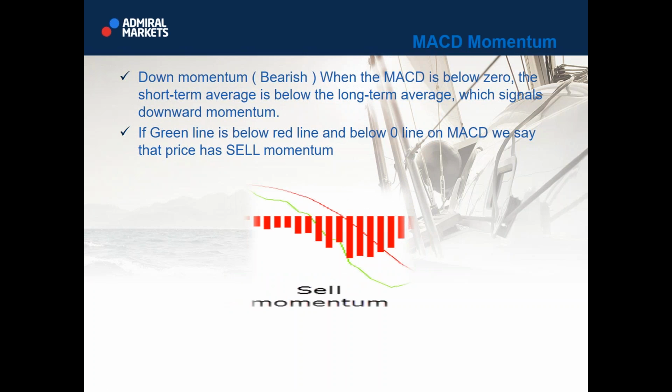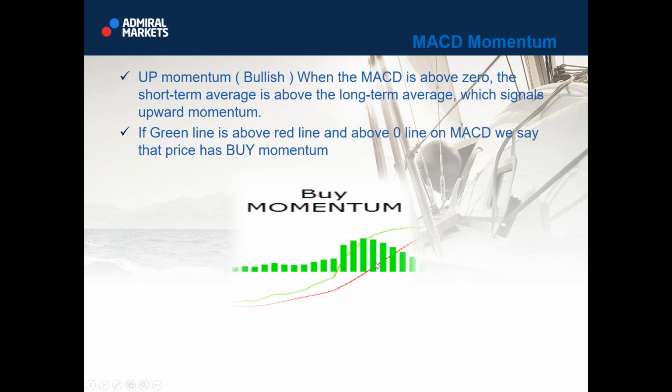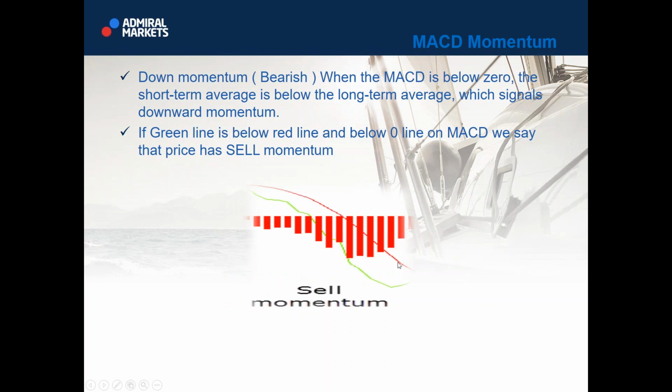In this example it's the green line, you can of course change the color. If the green line is below the red line and below the 0 line on MACD, we say that price has sell momentum. So with both lines above the 0 line, we have both trend and momentum. Remember that. This is buy trend and buy momentum. Short trend and short momentum is when both lines are below the 0 line.